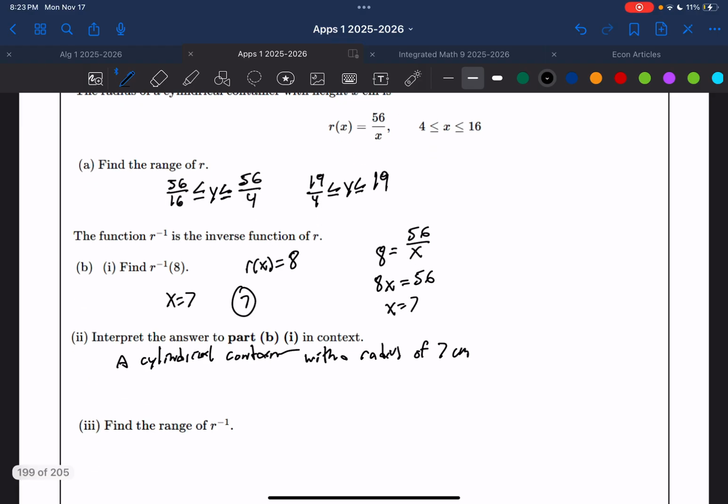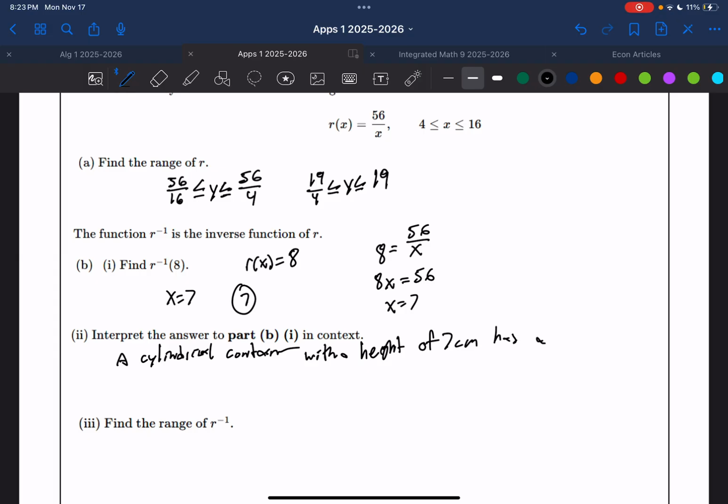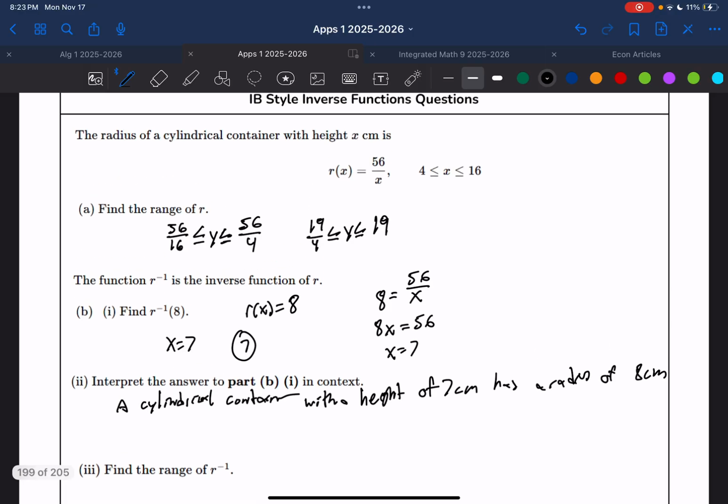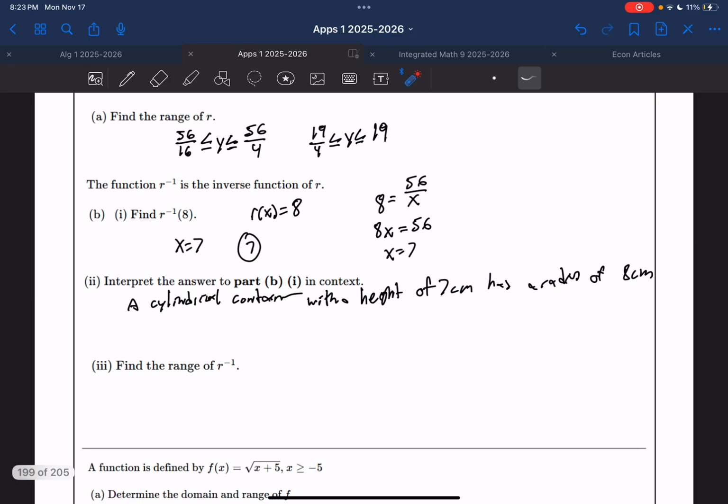Sorry, with a height of 7 centimeters has a radius of 8 centimeters. Because our original function inputs the height and outputs the radius. So our inverse function must input the radius of 8 and output the height of 7.